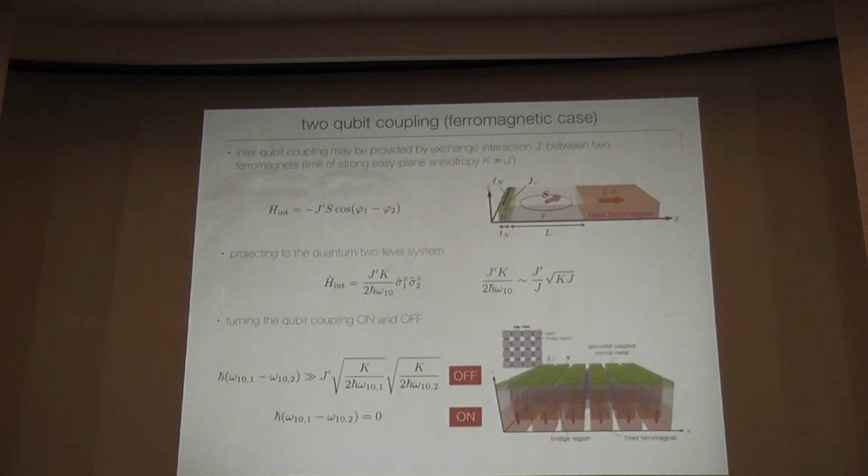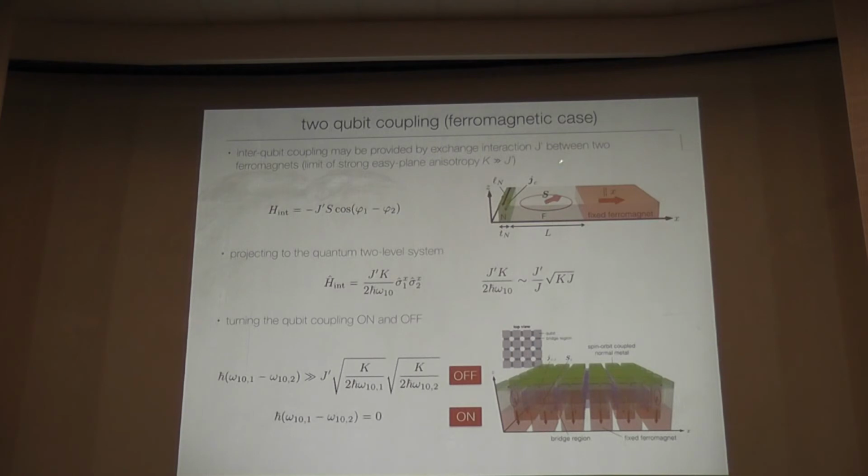Now, I just want to say a few things about how to couple these devices. One way to do it for this ferromagnetic case is that we can stack them up in the vertical direction, so that you have a normal metal on top of this, then the same ferromagnet, another one on top of this, and another fixed ferromagnet on top. And you can exchange couple.